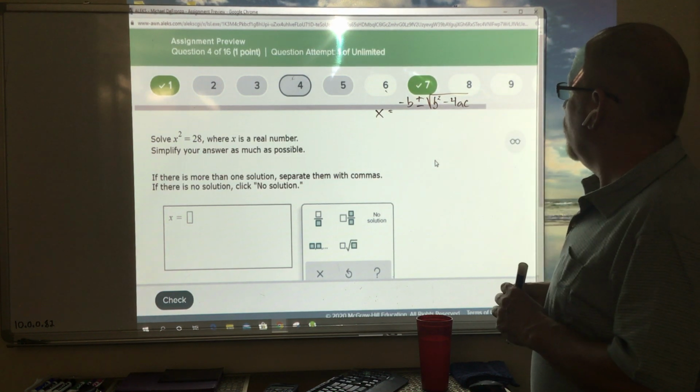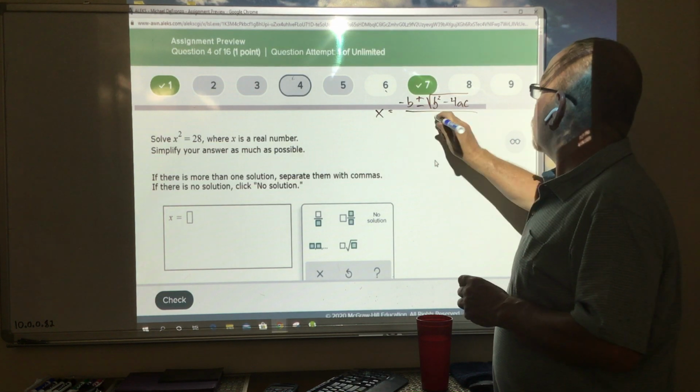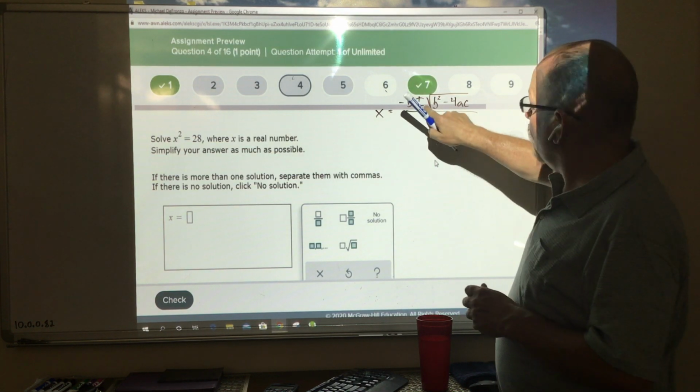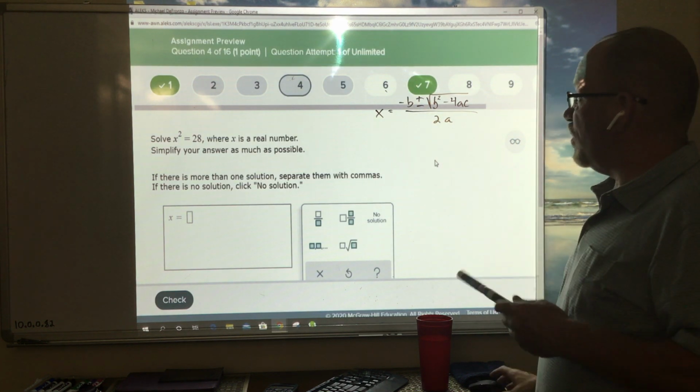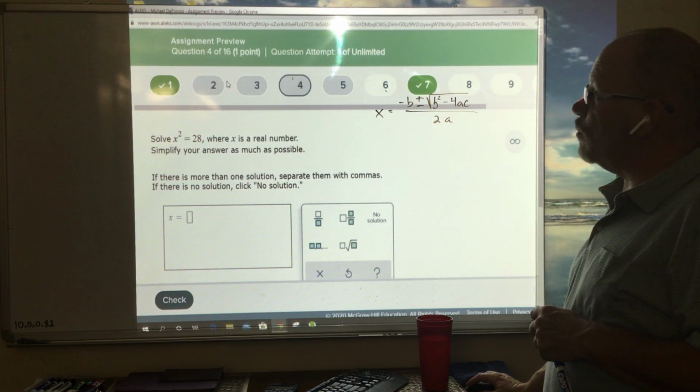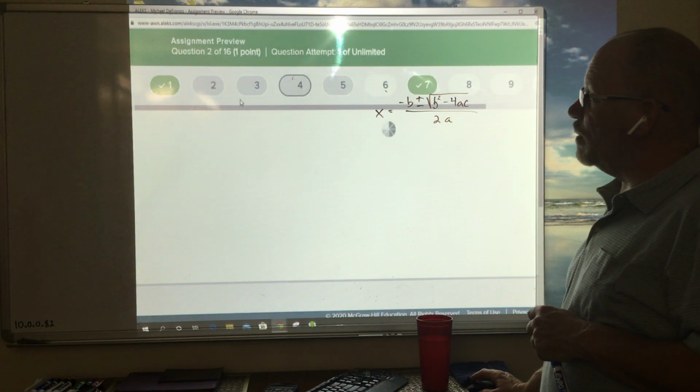So we're going to be using this in a minute in a different way than you've seen before. But first let's look at some qualities of a parabola.